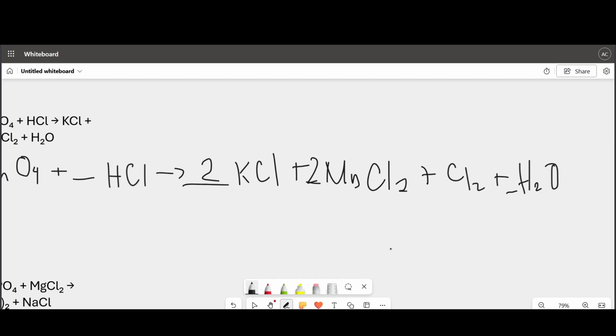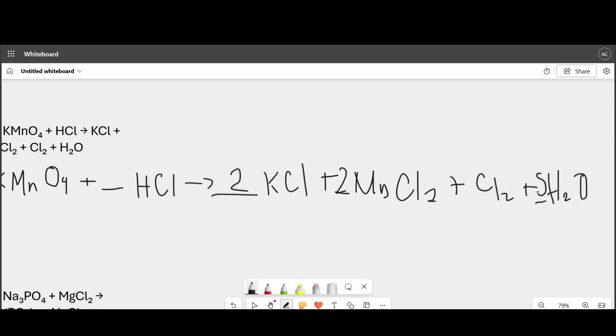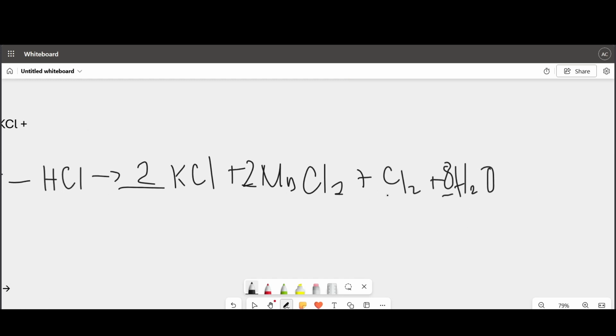2 times 4 is 8, so we can have 8 over here. So you have 2 there. 2 CO, that's 2 times 4 is 8, plus 2, and then plus 2 again.